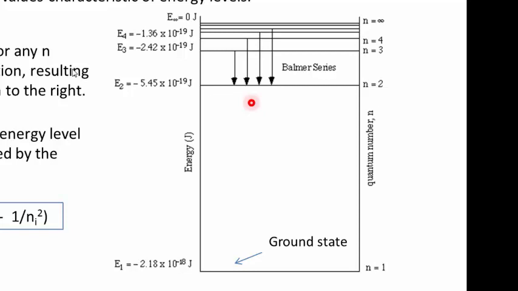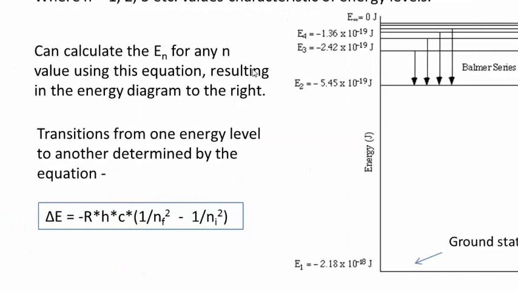Okay. Now, remember that Balmer series? Another equation that we can derive from the one above is that if we have a change in energy levels, if an electron goes up from one energy level, like from energy level 1 to 2, or goes down from like energy level 3 to 2, or up from 2 to 4, we can calculate the change in energy by using this equation: delta E equals minus RHC, and again, RHC is just 2.18 times 10 to the minus 18th, times the quantity 1 over n final squared minus 1 over n initial squared.